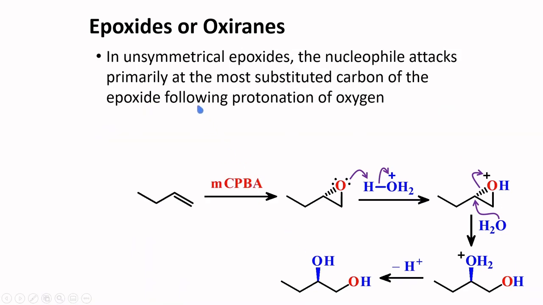In summary, in unsymmetrical epoxides, the nucleophile attacks primarily at the most substituted carbon of the epoxide following protonation of oxygen. The ring opening is stereospecific.